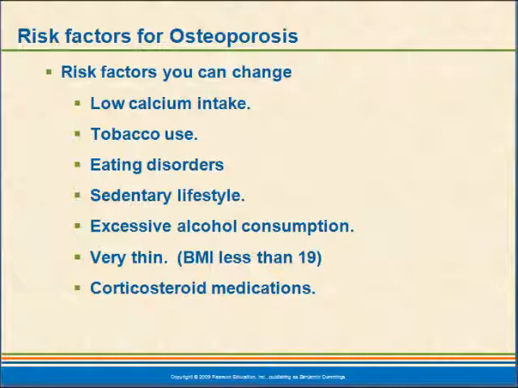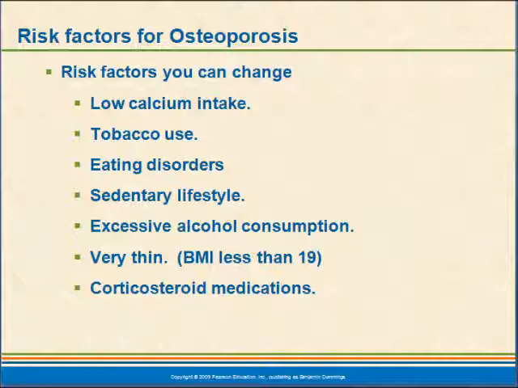If you are bulimic or anorexic, you're not getting the stuff that you need. A sedentary lifestyle, because bone mass increases with physical activity. Excessive alcohol consumption comes into play, largely because it impacts your diet and increases that sedentary lifestyle.